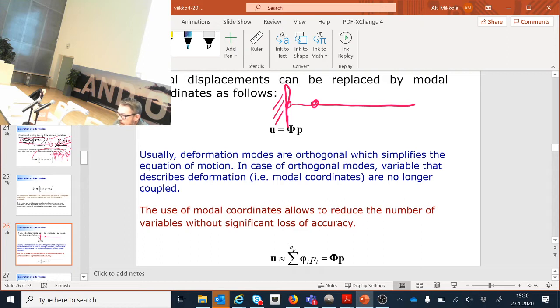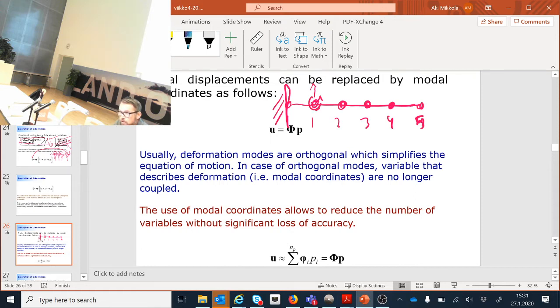But let's say it has 5 nodes, 1, 2, 3, 4, 5. And let's say that each one of these nodes can have 2 degrees of freedom. These 2 degrees of freedom are such that each node can move in the global y direction, back and forth, and then they have a rotational degree of freedom. So, like this.